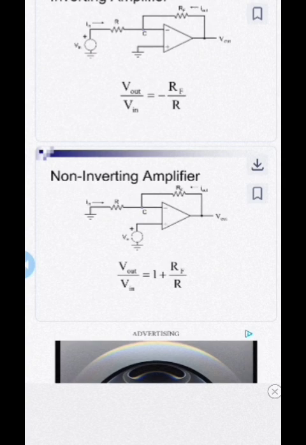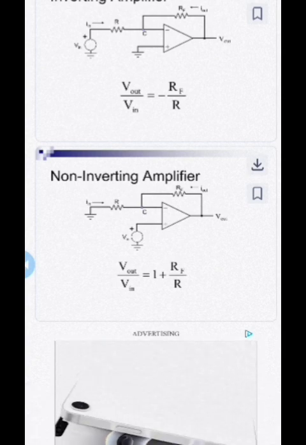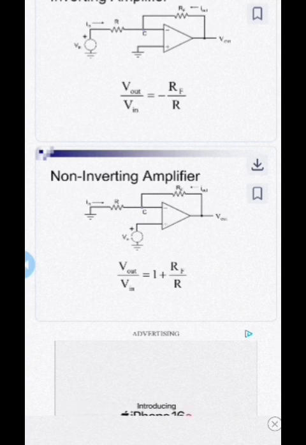The equation for the inverting amplifier is V out divided by V in equals minus RF divided by R, where RF is the feedback resistance, R is the input resistance, and V out divided by V in is output voltage over input voltage. Next is the non-inverting amplifier. The input signal is given to the plus terminal.